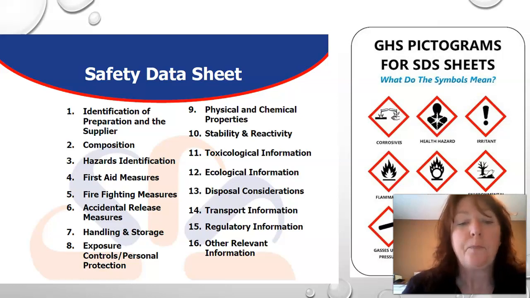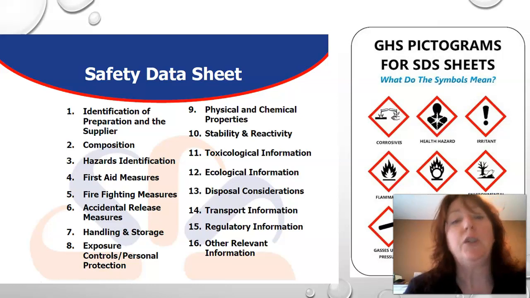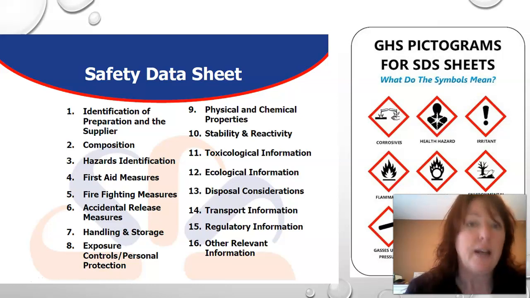Things like that. Toxicology information, meaning if it's ingested, what you need to do to deal with that. Ecological information, again, if it spills in the environment, what kind of issues will you have from an environmental standpoint. Disposal considerations, meaning if you have to get rid of it, how do you do that? How do you dispose of it?